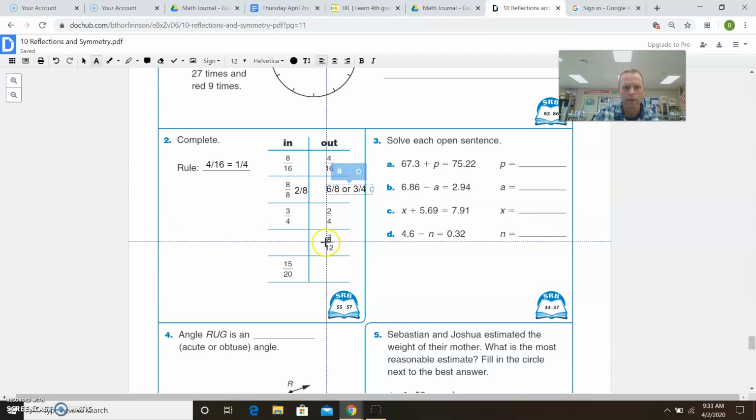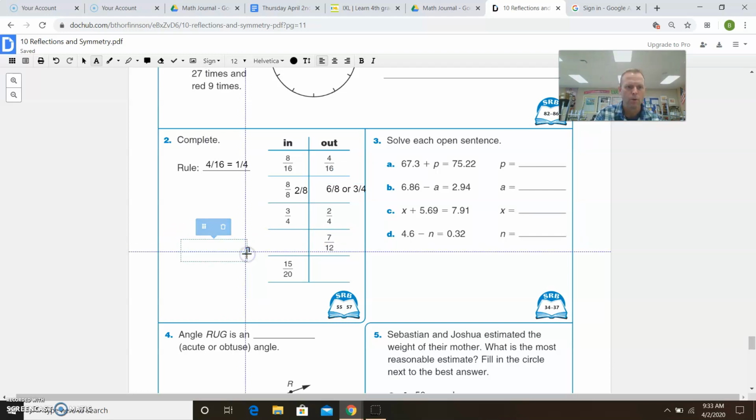So now we're going to come down to this one, and now we're going to add. Okay, so we're going to add 1/4 to this. Well, we have to take our 1/4, and now we have to change it into 12ths. Before we do anything with it, you have to change that fraction into 12ths. Well, how do we do that? To make the 4 into 12, we have to multiply by 3.